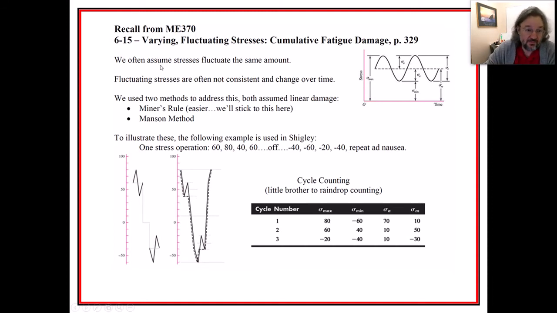So the stresses don't always fluctuate the same amount. The two things that we did initially were to use Miner's rule and Manson's method, if you recall. And then after that, we did something called cycle counting, and we used the raindrop method, where these raindrops would fall down, and we would look for these hidden fluctuations inside the events that were taking place.